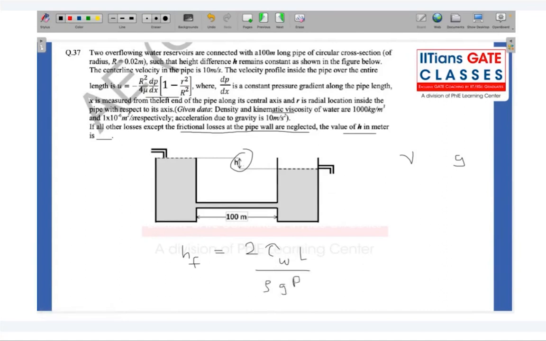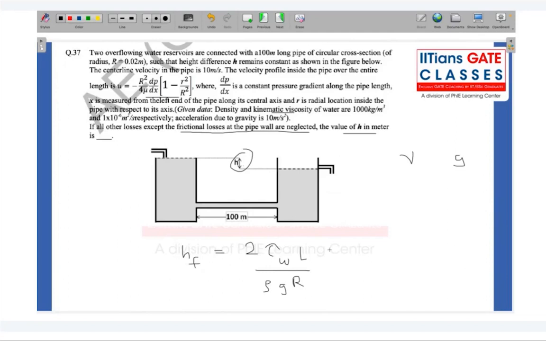So the wall shear stress times the length, by density times acceleration due to gravity times the radius of the pipe, will give you the height loss, the frictional loss that is being created.